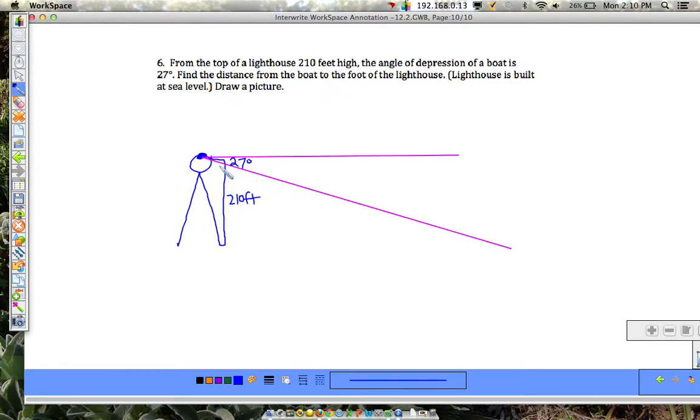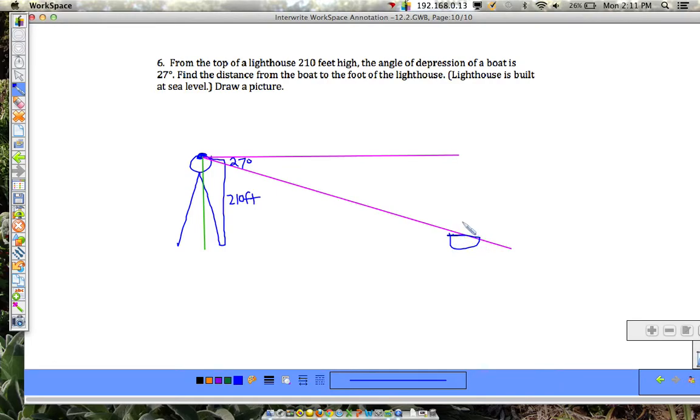So we know this is 210. I'm going to just draw this side length. Let's choose a different color. Green. So here's your eyeball. Here's that height. And then here's my angle of depression. And I know my boat is going to be right down here. Let's just draw a lovely boat.